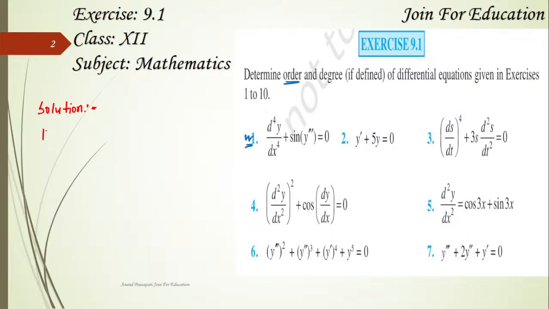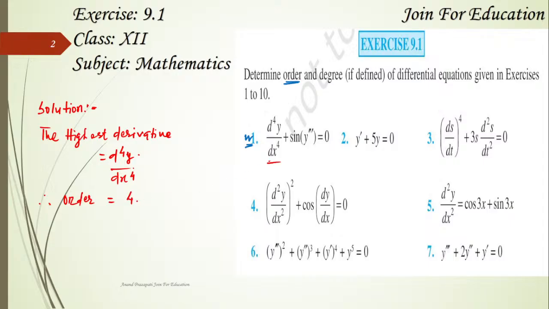So we write down here the highest derivative is d⁴y by dx⁴. The highest derivative clears the order of the differential equation. Therefore, the order of this differential equation will be 4.